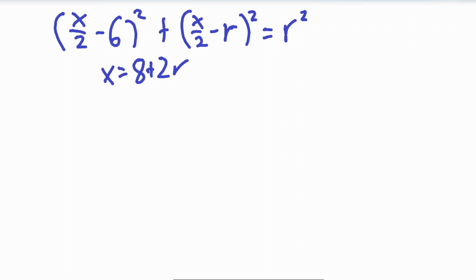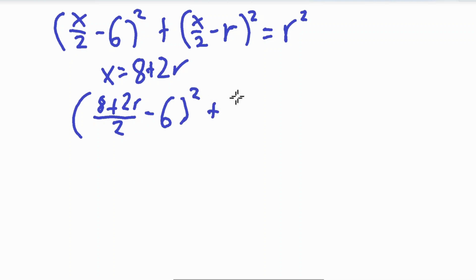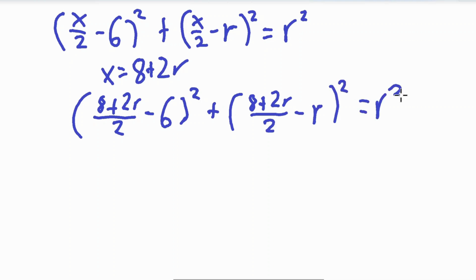So we'll get, instead of x on top, (8 plus 2r) over 2 minus 6, squared, plus (8 plus 2r) over 2 minus r, squared, is equal to still r squared.